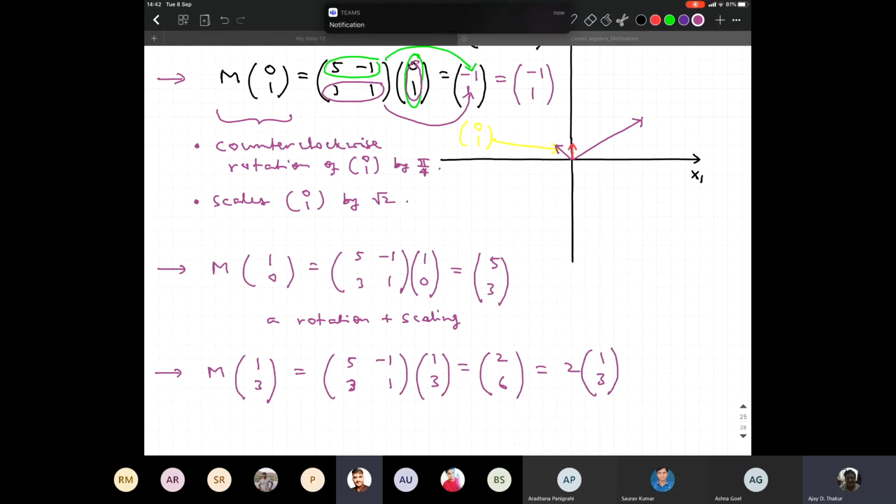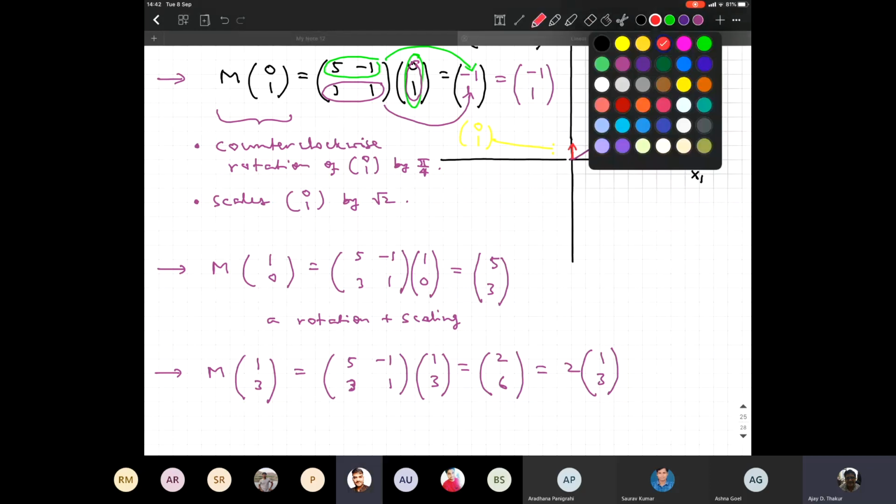So basically, we must pair them. I'm sorry, in the diagram there is a small error, in the sense that there could be a chance of confusion. What we are looking at is what happens to the red vector and what happens to the purple vector.